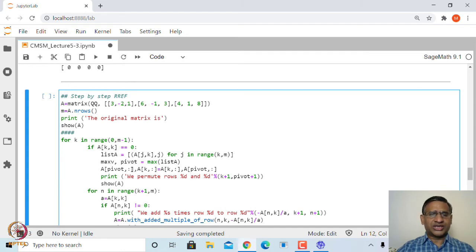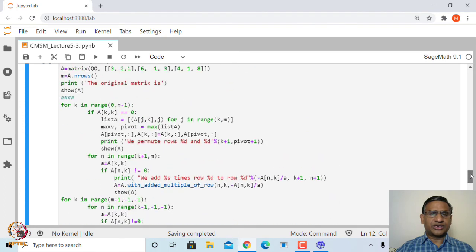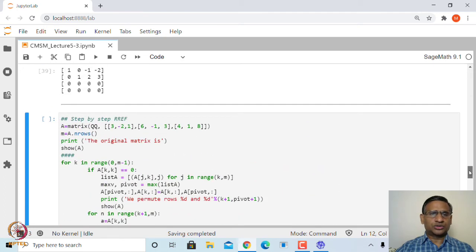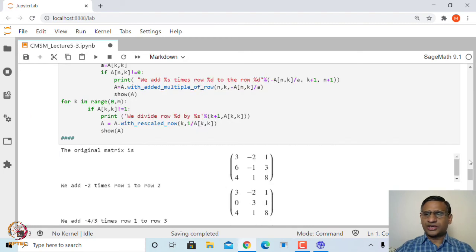All these steps like interchanging the rows, scaling a row, adding a scalar multiple of a row to another row, etc., you can perform, and then you can run this. So, let me just show you this code. Let me just run this code and then see here.